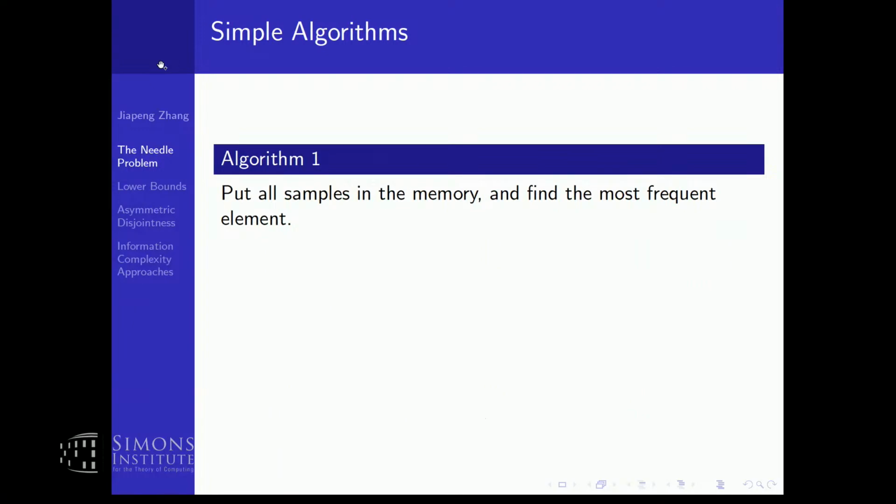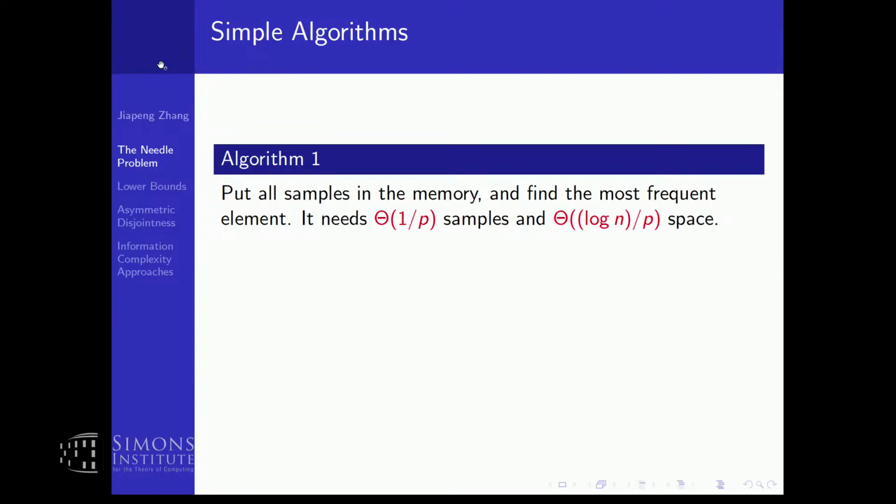Let's discuss some simple algorithms so that everybody can have a sense of the problem. The first setting is without any restriction on space, so you can use whatever you want. Then the most straightforward algorithm is to store all of the samples, put everything in memory, and count the most frequent element. Of course, this will be the needle if you have enough samples.